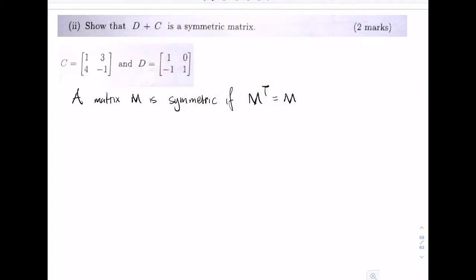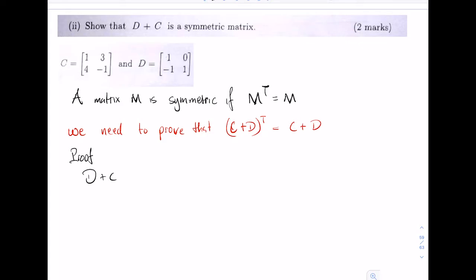So for this question, we need to prove that C plus D transposed is equal to C plus D, right? If we prove this, then we have proven that D plus C is symmetric. So let's go.